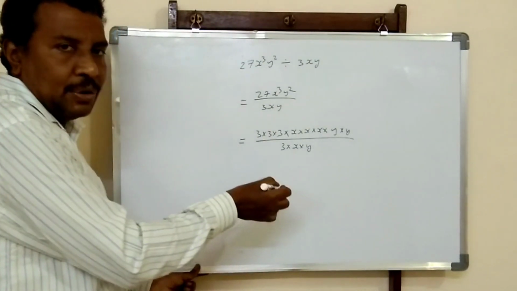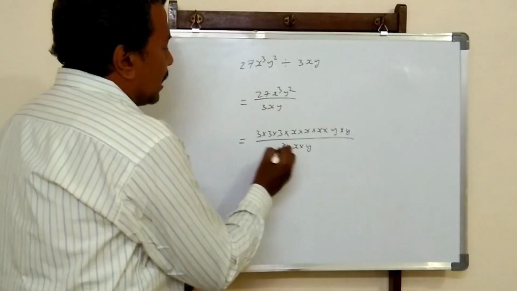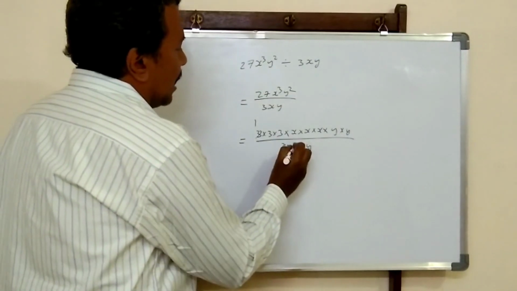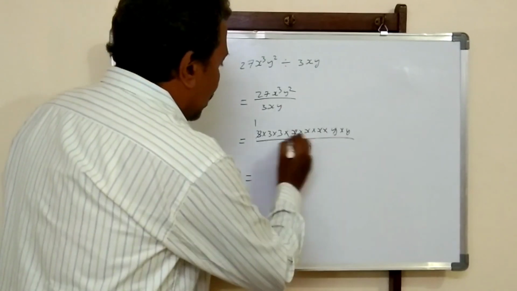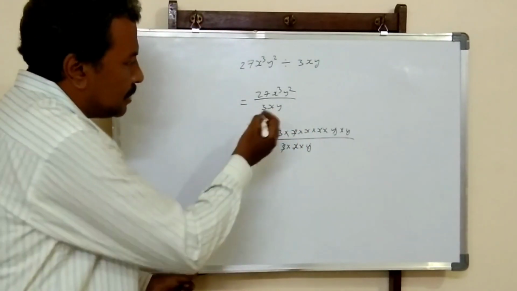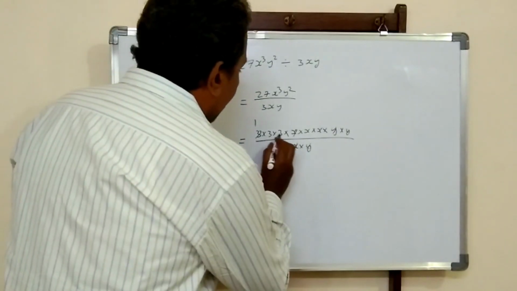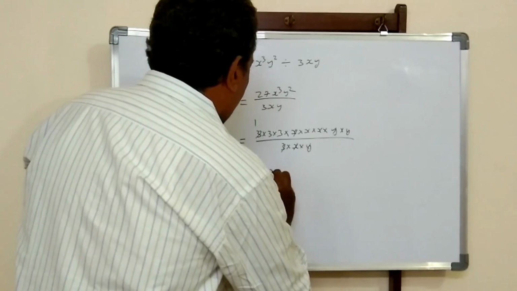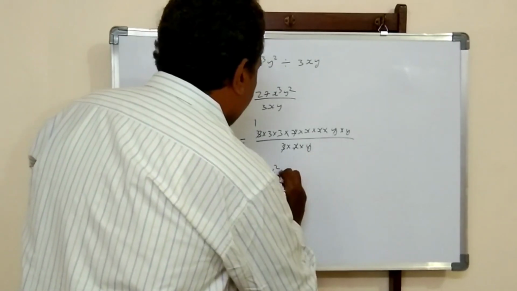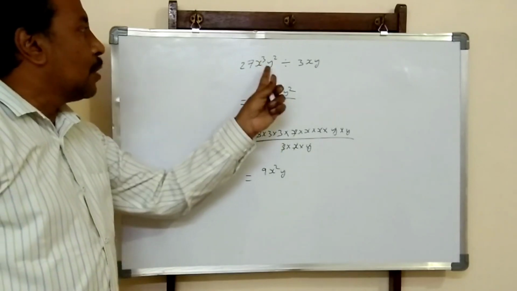Now cancel the numerator and denominator because all are getting multiplied. 3, 3, one time; x, x; y, y. All the denominator got cancelled. Now write the remaining: 3 into 3 is 9, x into x is x square, into y. So this is the quotient of dividing a monomial with a monomial.